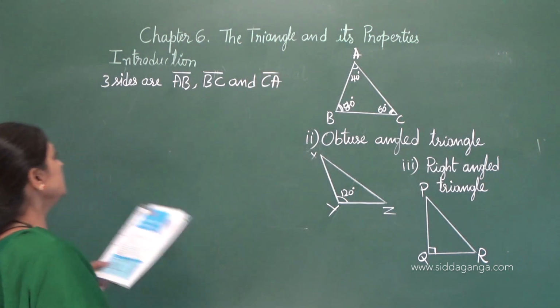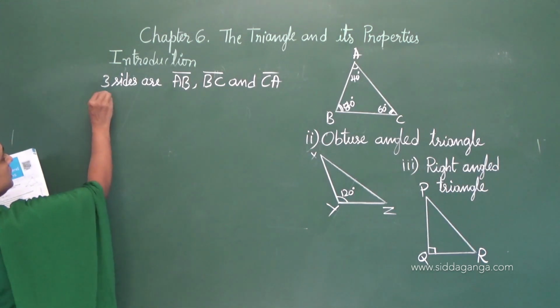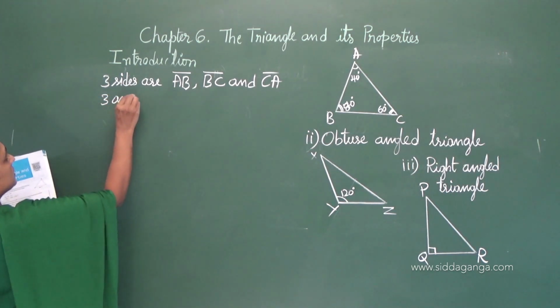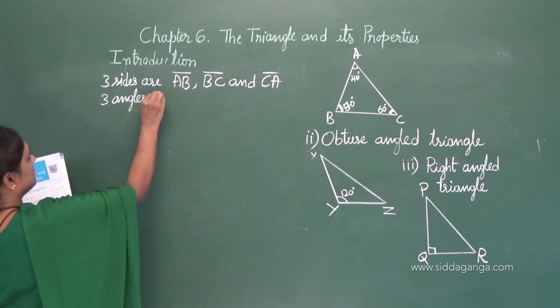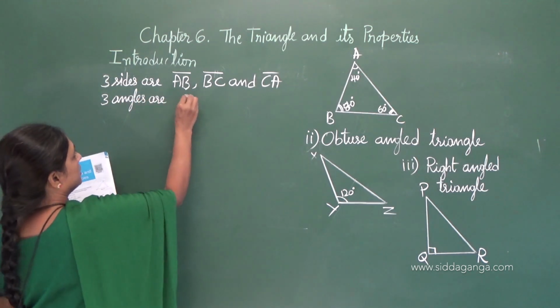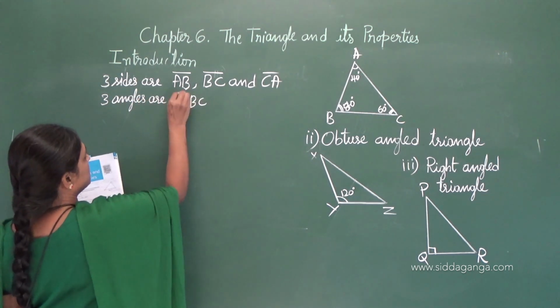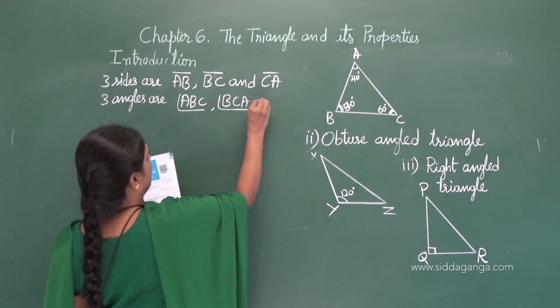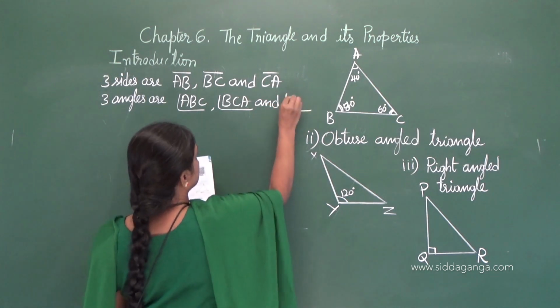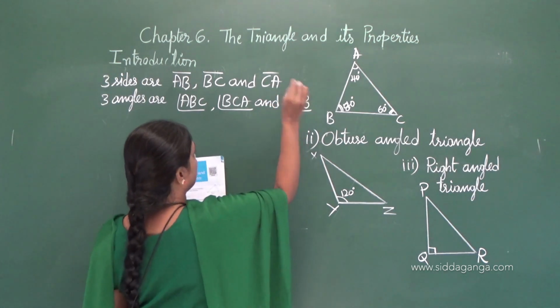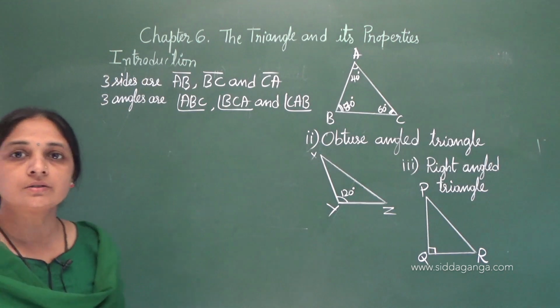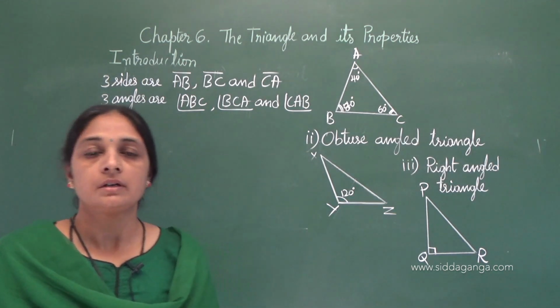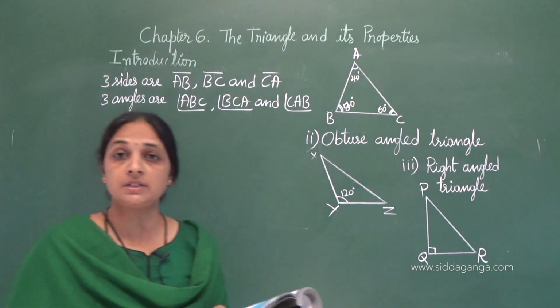The other 3 elements are 3 angles: angle ABC, angle BCA and angle CAB. So these are the 6 elements of any triangle.